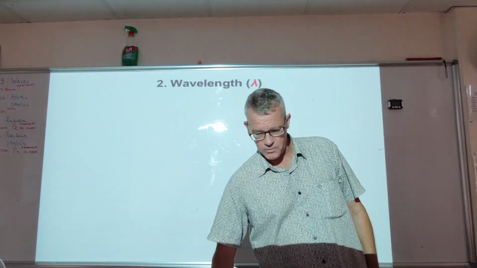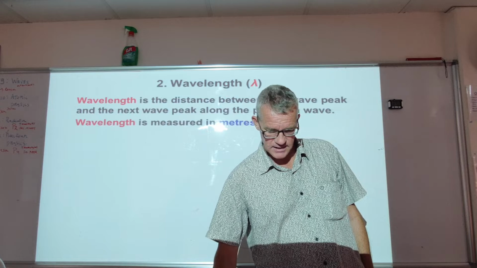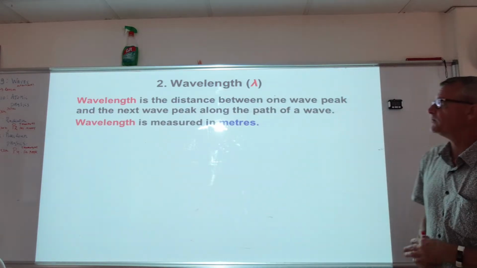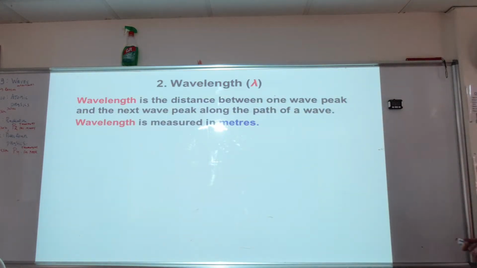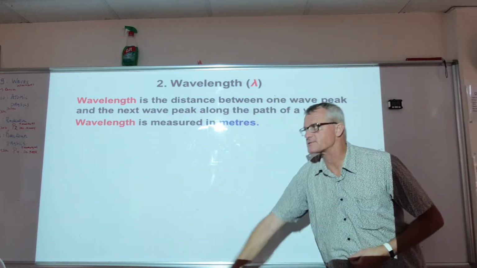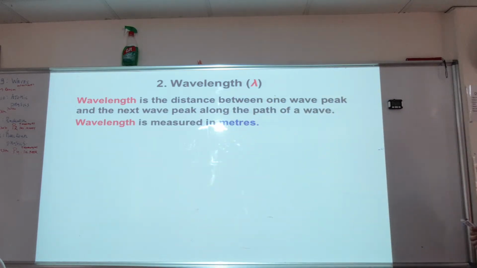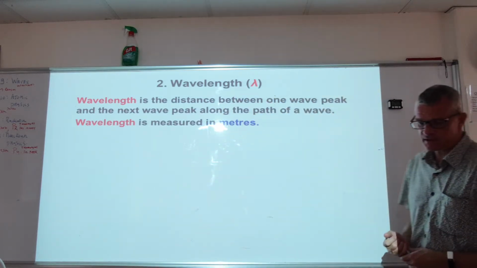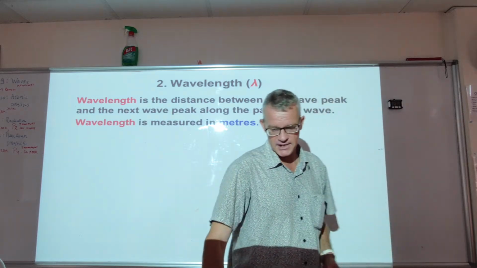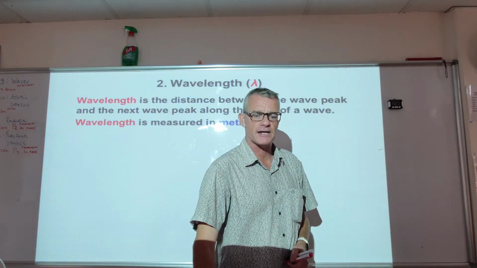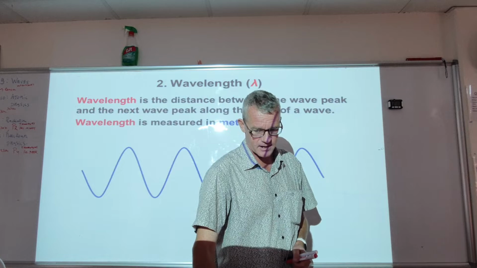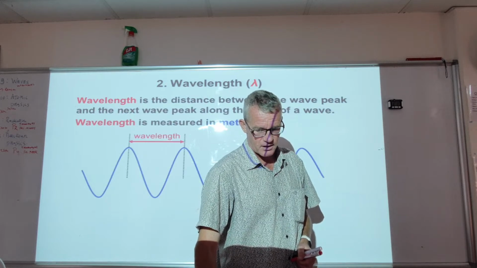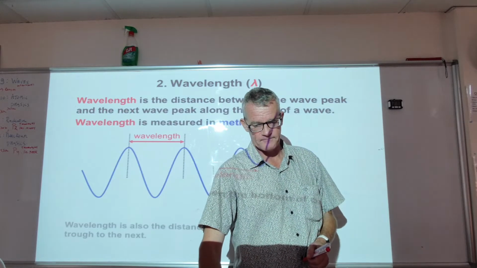What is the wavelength? The wavelength is the distance from one wave peak to the next wave peak along the path of a wave. Now remember, we always measure in normal SI units, so in meters. So how would we describe a wavelength?